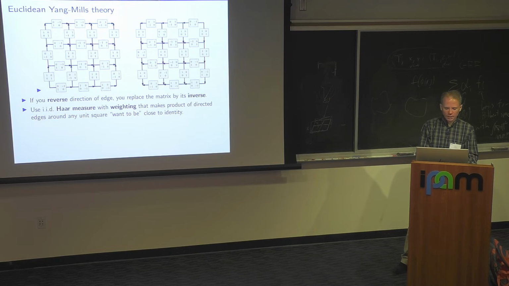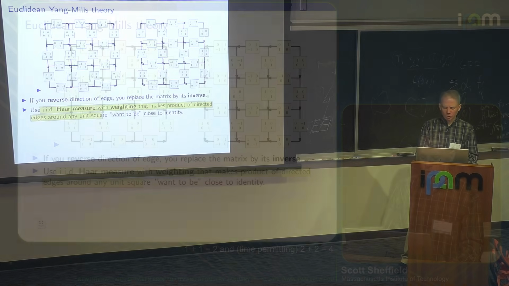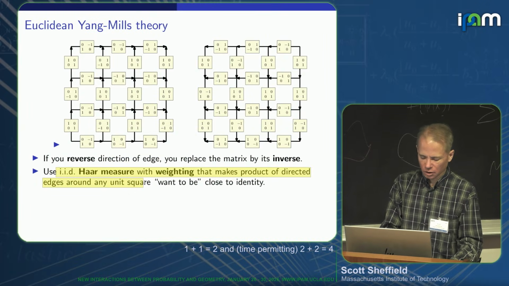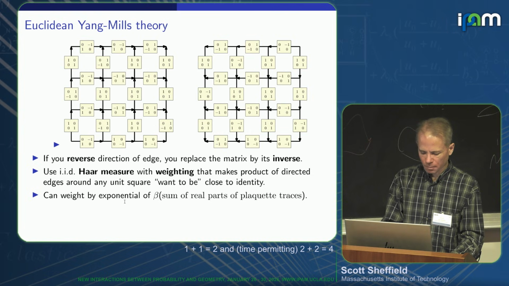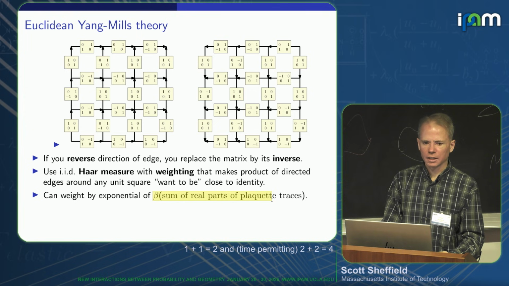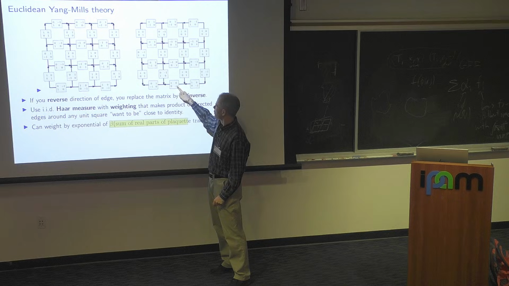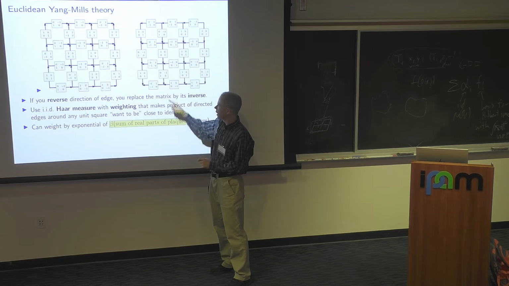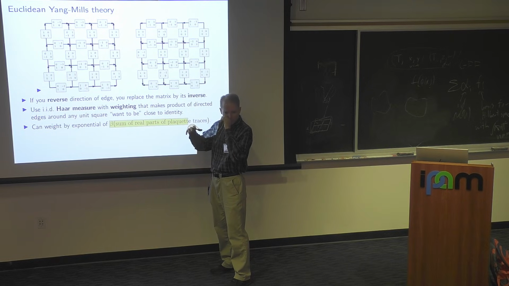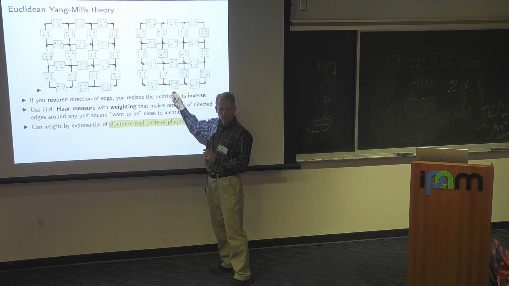You can start by taking what we call Haar measure. You take an independent uniform measure on the group, which could be a continuum group like U(N), O(N), or SU(N). Then you weight by the exponential of beta times the sum of the real parts of the plaquette traces. The trace is the sum of the eigenvalues of the matrix, and the eigenvalues of a matrix in one of these compact Lie groups are always on the unit circle.